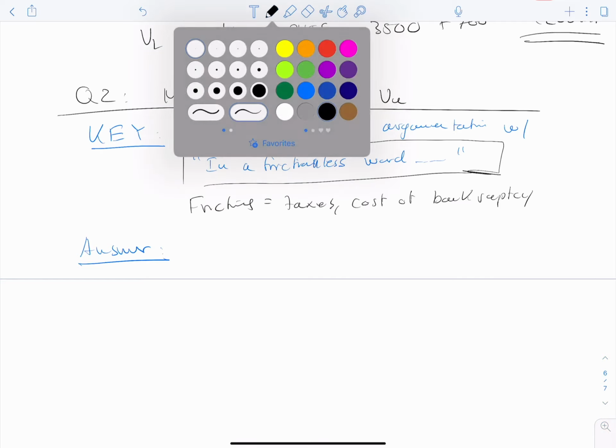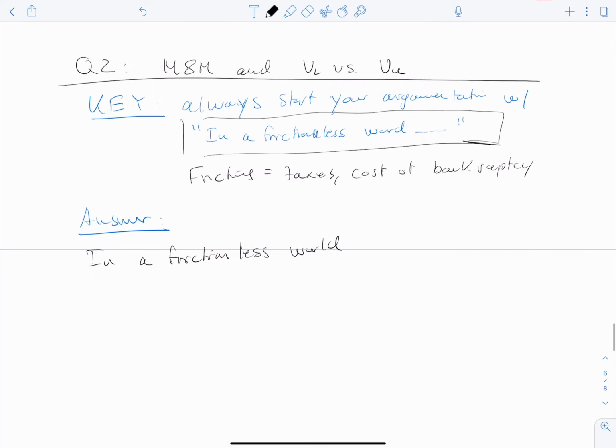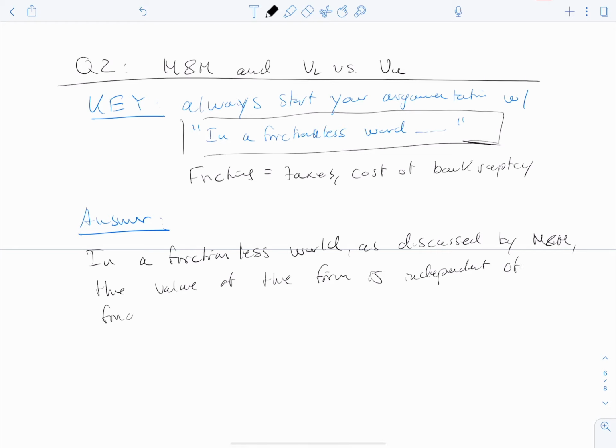The answer is that in a frictionless world, as discussed by Modigliani-Miller, the value of the firm is independent of financing decisions.